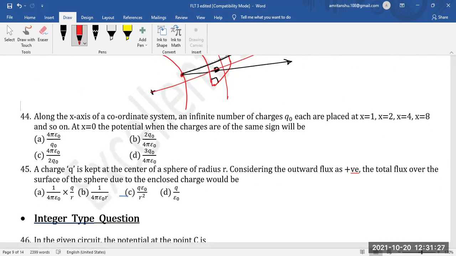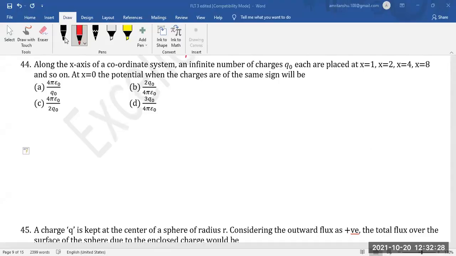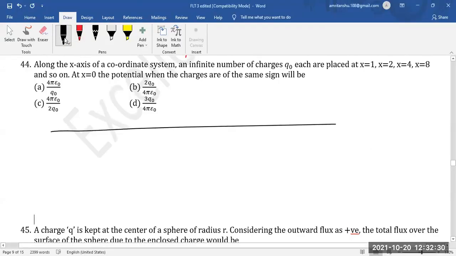Moving on to question number 44. In this question, on the x coordinates, this is x equals 0. Then we have 1, then 2, then 4, then 8, and so on. So the electric field at this point will be a summation of these.